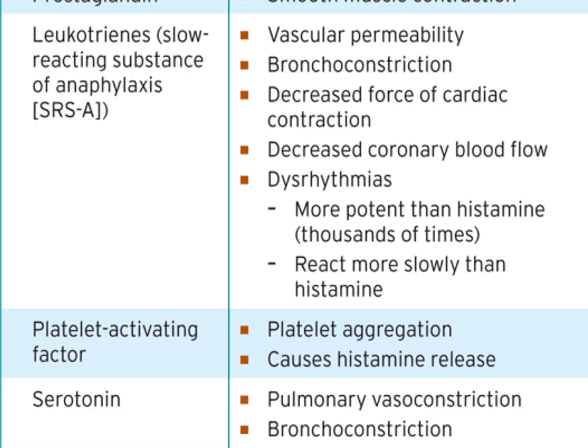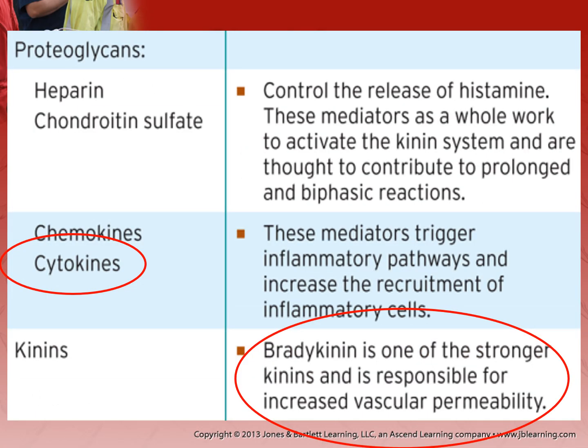All right. Here it says it's more potent than histamines, thousands of times, and then it reacts more slowly than histamines. Kind of don't go together, but all we have to know is leukotrienes, a lot like histamines, react more slowly, stay longer. Platelet activating factor, so platelet aggregation, which is going to cause histamine release, and then serotonin, which is pulmonary vasoconstriction, bronchoconstriction, and then as we keep on going down, we're going to get heparin.